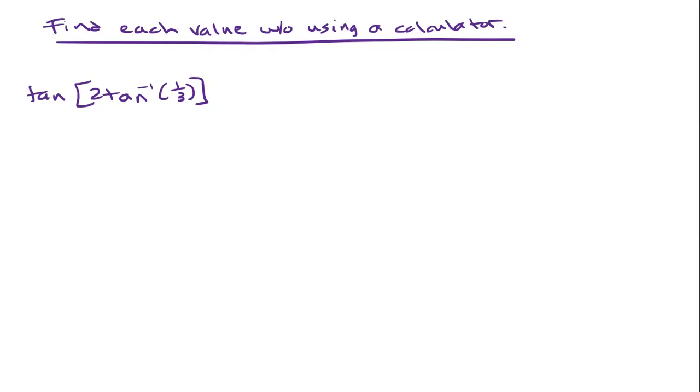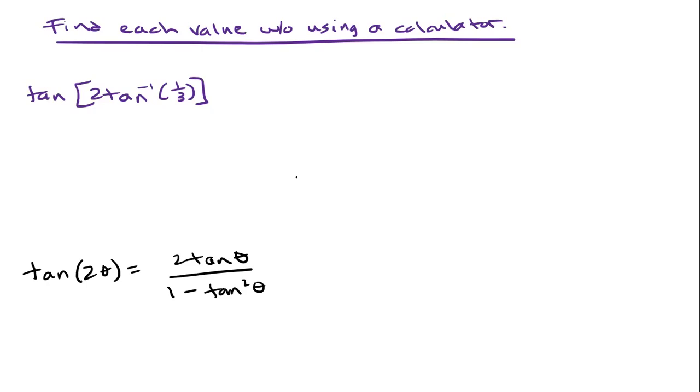All right, so if you look in the trig formula sheet, you'll notice that the closest thing that we have here is the tangent of 2 theta is equal to 2 tangent theta divided by 1 minus tangent squared theta.